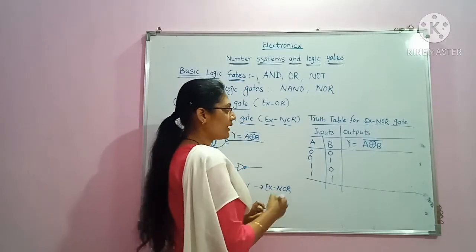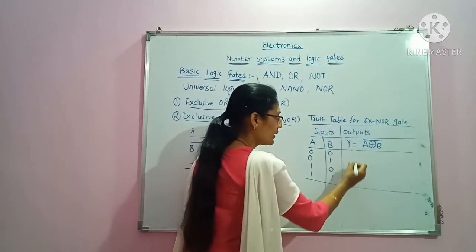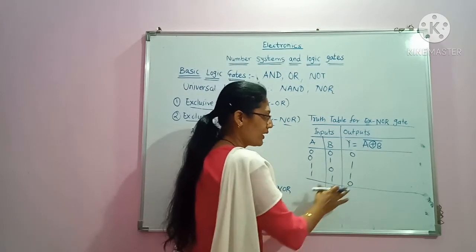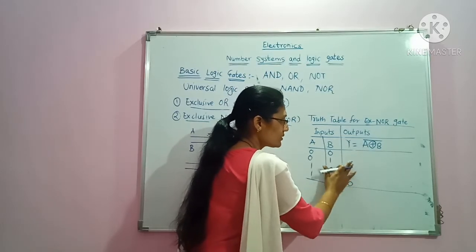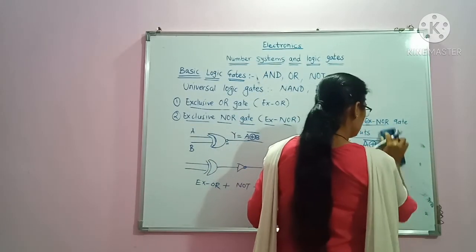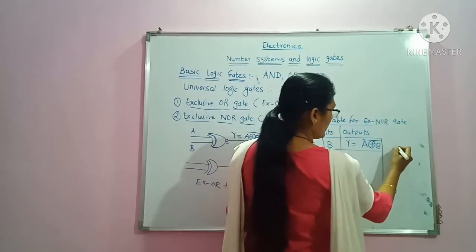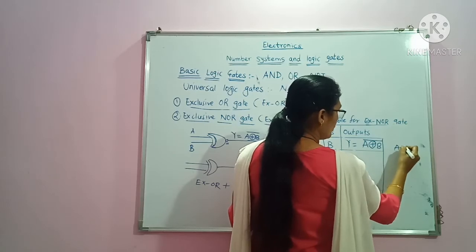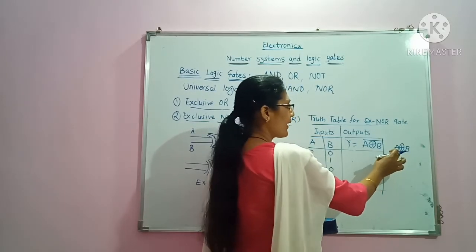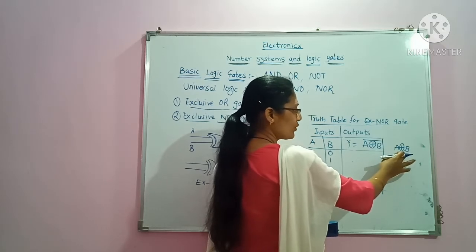We know that in case of exclusive OR gate we have obtained here 0110. This is related to exclusive OR gate. Now I will write it here, so you will remember that thing. This is the rough work. What we are going to do now, we have to invert the output of exclusive OR gate. So one should know what is the output of exclusive OR gate.